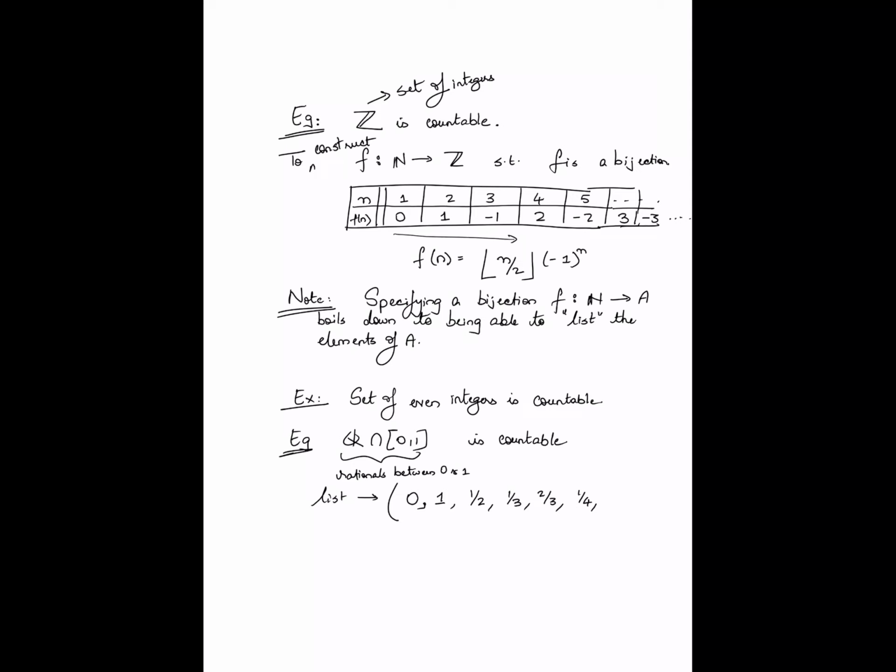Because these are rationals between 0 and 1, they will be of the form p/q, where p and q are both positive, and q is greater than or equal to p. So first I've written 0 and 1. These are the only two rationals which have a denominator of 1. Then I write 1/2, which is the only one with denominator 2. Because remember, 0/2 is just 0, which has already been assigned, and 2/2 is 1, which we have already covered.